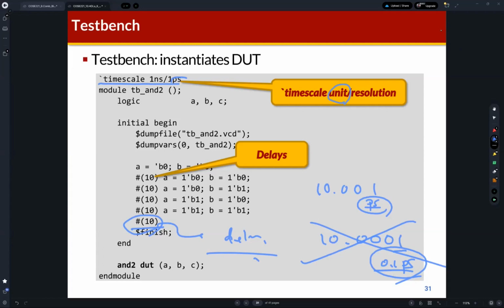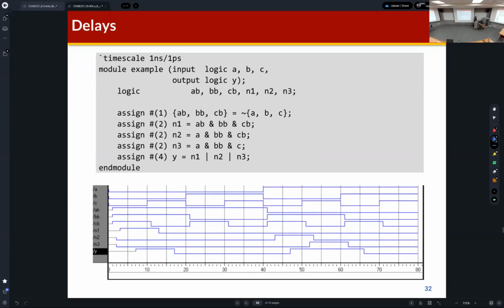In SystemVerilog, we can also define delay of signals. So this is another example. After the assign statement, we can add a number with a sharp 1, and this defines the delay. What is the assign statement?